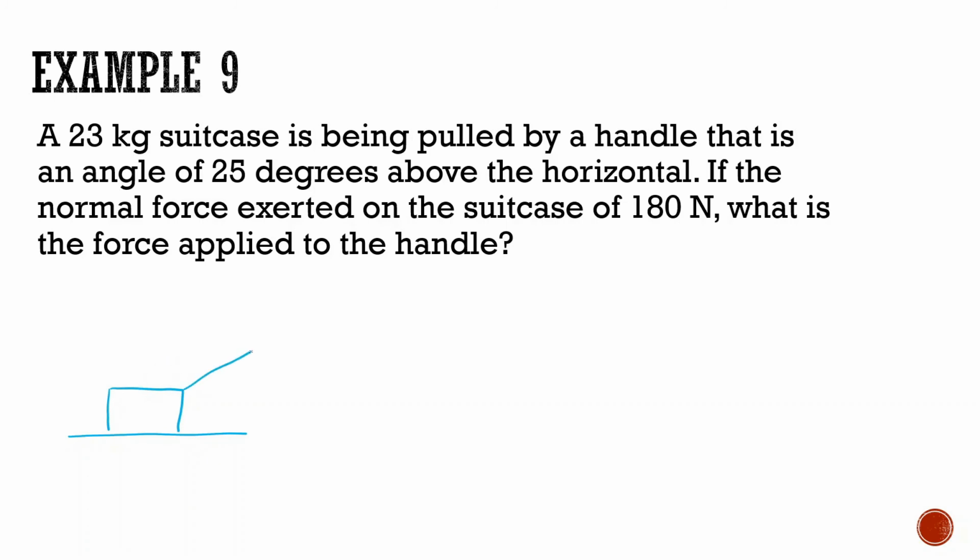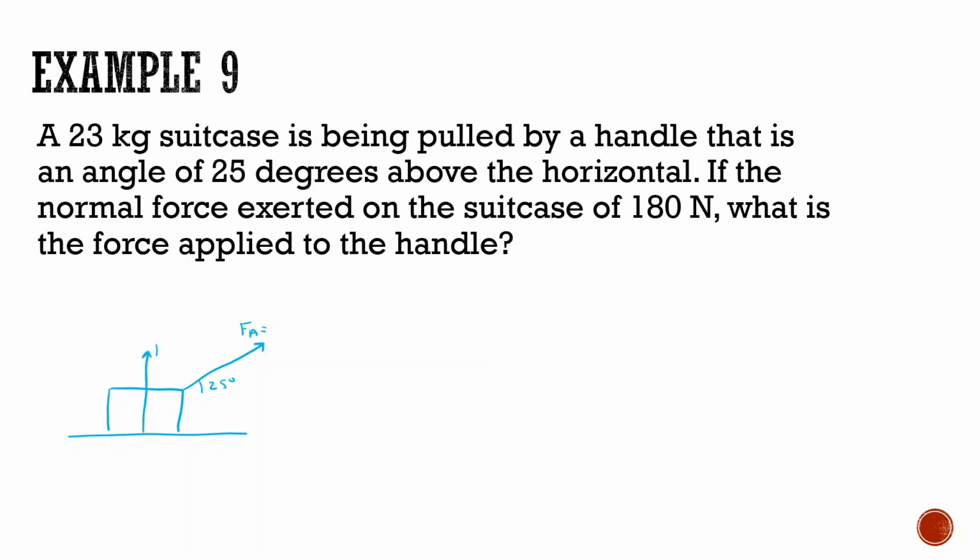So there's a force applied, right? Force applied, we don't know what it is actually. Okay, but we do know that the angle is 25 degrees. Normal force exerted on the suitcase is 180 newtons. So we know that this is, drew that kind of crooked. Try to draw it straight.